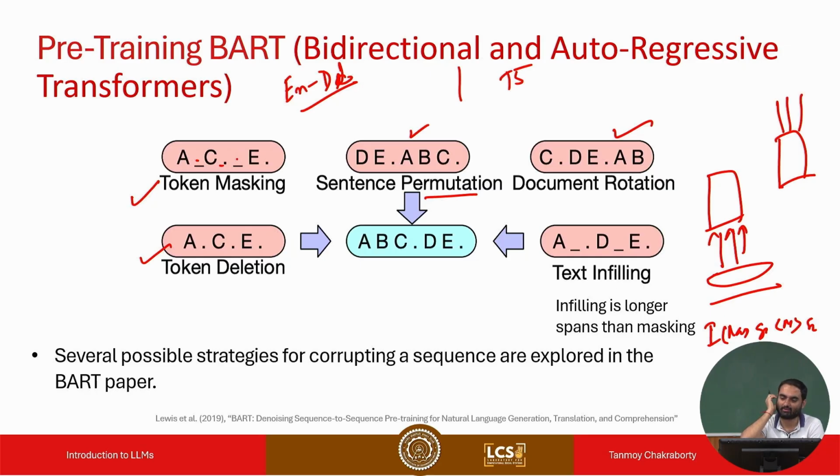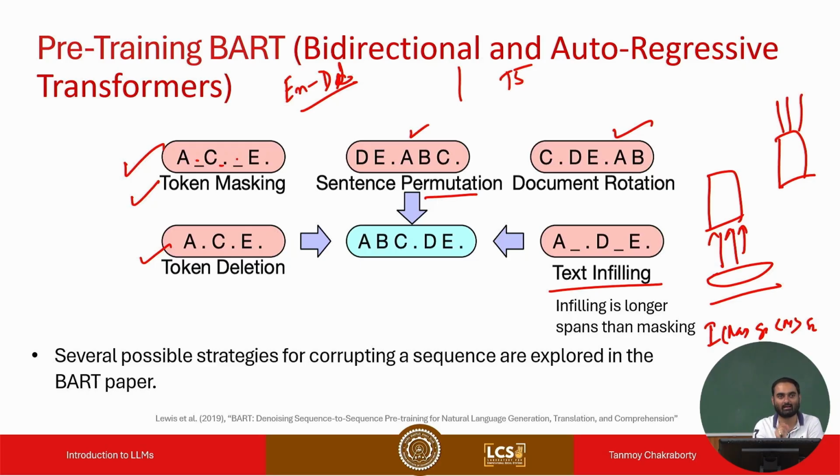And then you can also think of text infilling. In text infilling, you mask a span, not an individual token. In token masking, you just mask a token, but in infilling, you mask a span. Let's say again, "I am going to school", you mask "am going", for example.